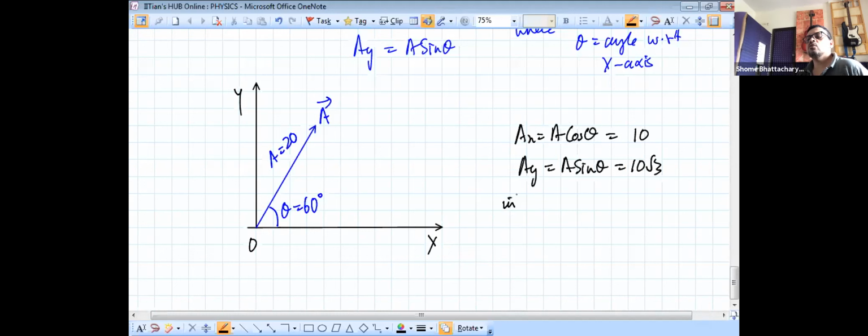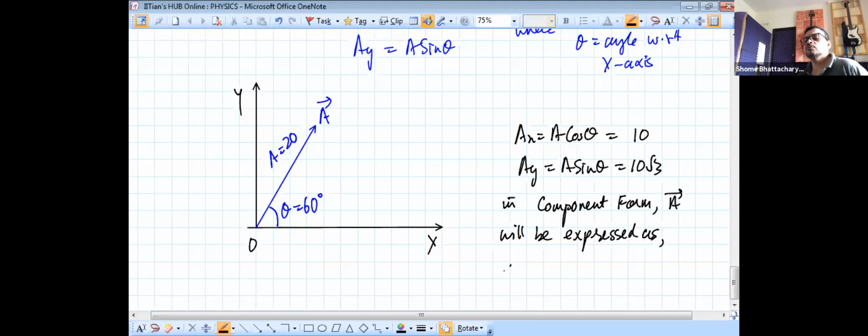So in component form, the vector A will be expressed as 10 i cap plus 10 root 3 j cap. So this is the vector now expressed in component form.